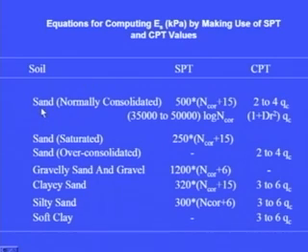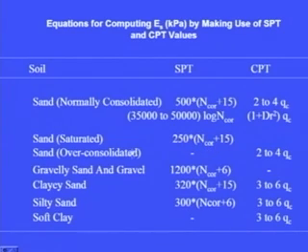Like for sand, normally consolidated, if SPT corrected N value is known, then we can obtain Es by 500 into (N corrected plus 15). Similarly, this can be taken as 35,000 to 50,000 log of N corrected for the case of normally consolidated sand. If CPT values are available, then 2 to 4 times the qc or CPT value. In the case of saturated sand, it can be taken as 250 multiplied by (N corrected plus 15).